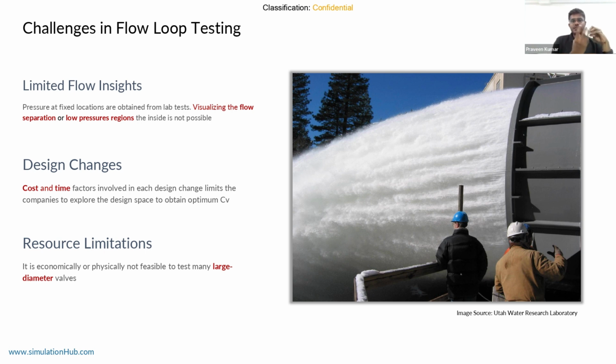That is not very clear. Visualizing the flow separations, what is consuming the energy, what is causing the cavitation, where the low pressure region is, those things are not clearly visible from the flow loop testing. So that is one downside of it.